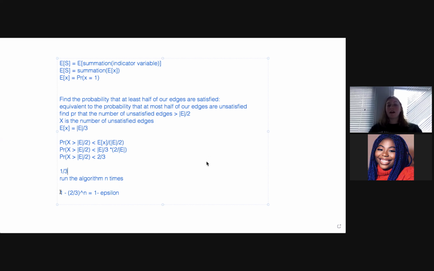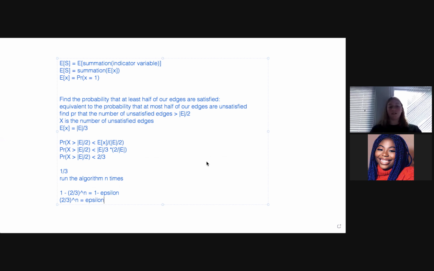Yeah, so if we do 1 minus that, we're essentially finding the probability that that's not the case, that in at least one of our trials we do get at least half our edges satisfied. So you can set that to your 1 minus epsilon, and then the ones cancel, and then you solve for n.